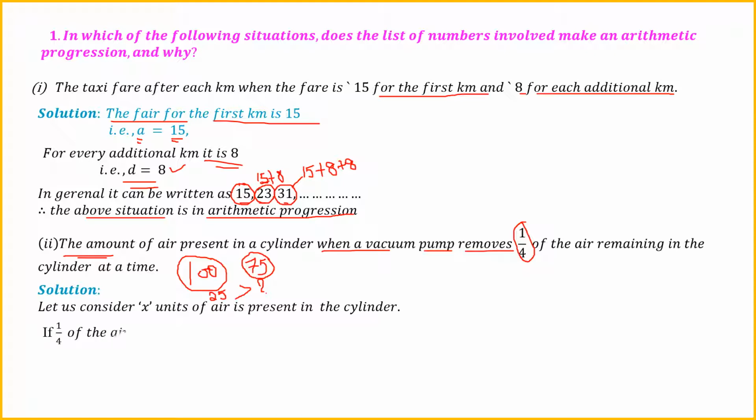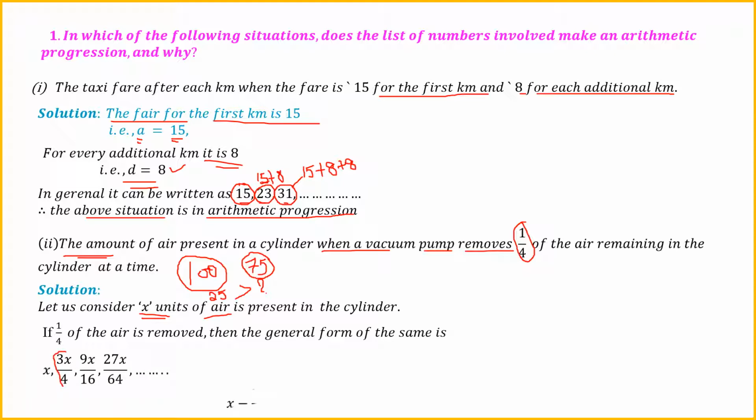As an example, here I have considered x units of air present in the cylinder. If one-fourth of the air is removed, then 3x/4 of the air remains. How did I get 3x/4 here?